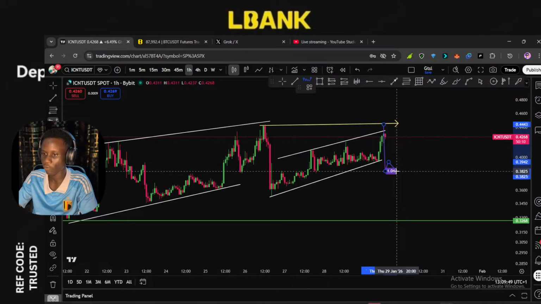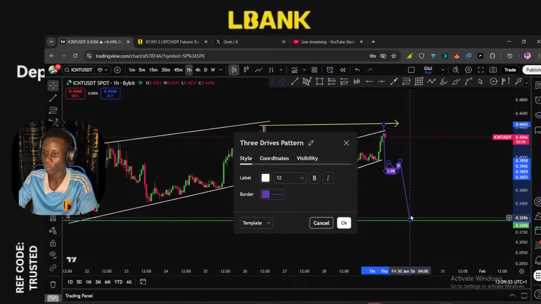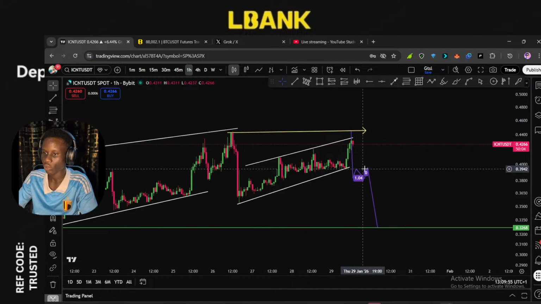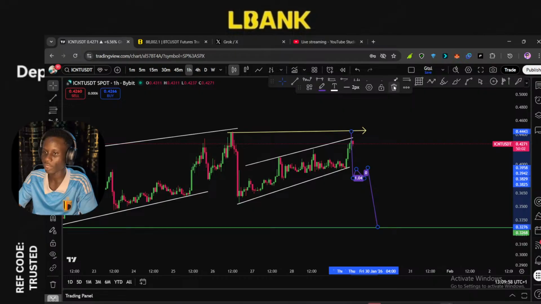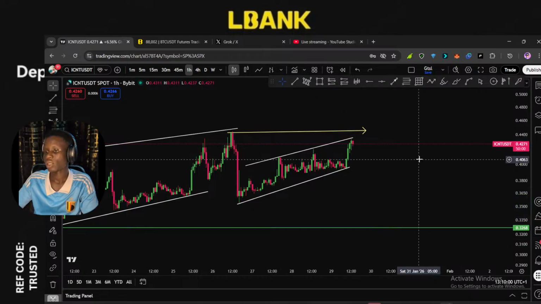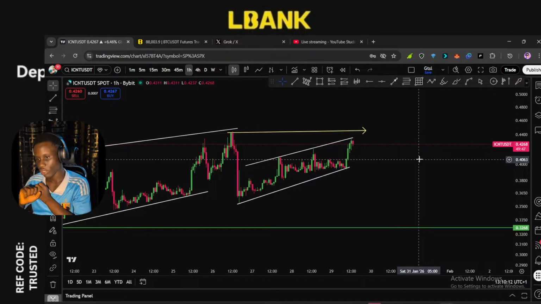You wait for any of the price action patterns that we've talked about. If you don't have anything like this, I will advise you to just wait for a proper continuation to the downside. So you should be looking out for a bearish flag, a bearish steep pattern, or a tiny flag.